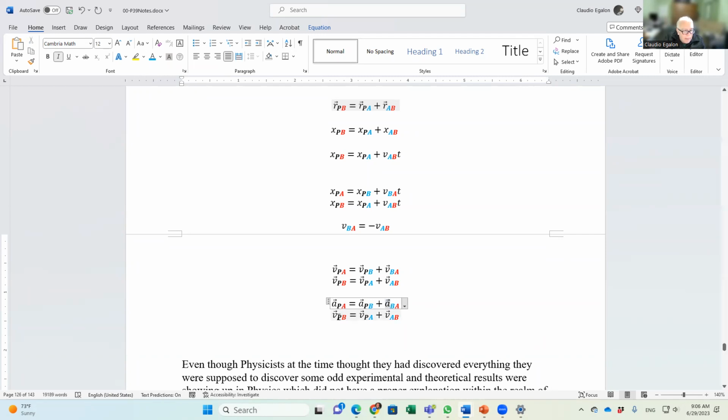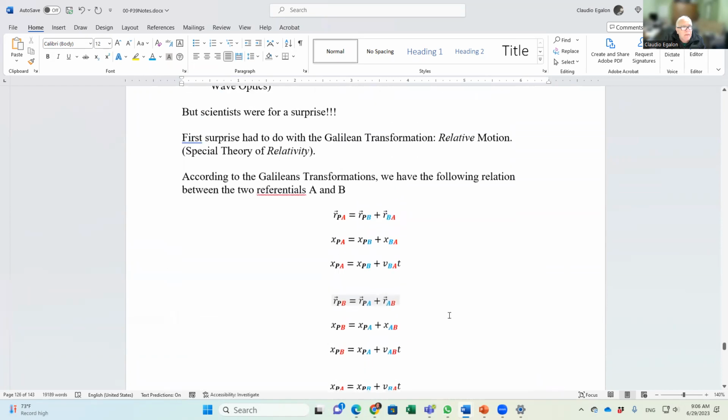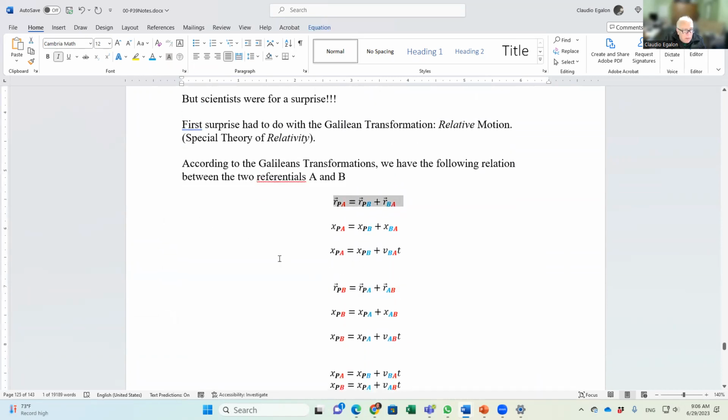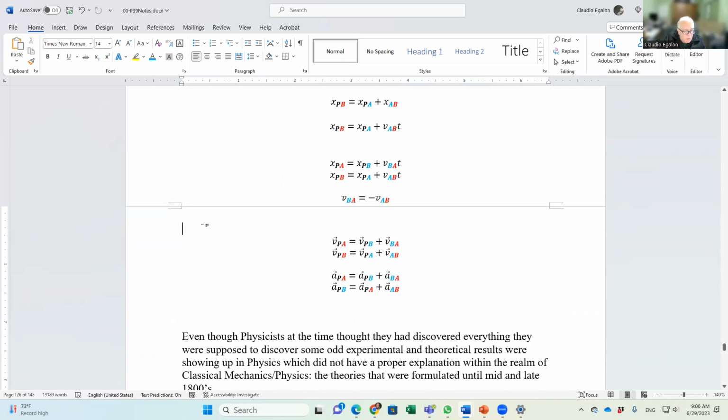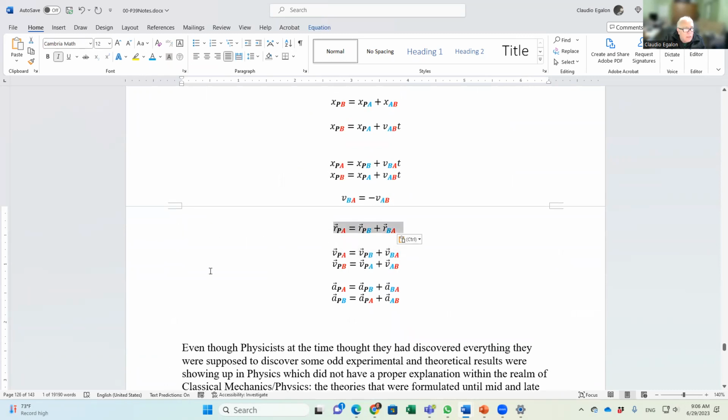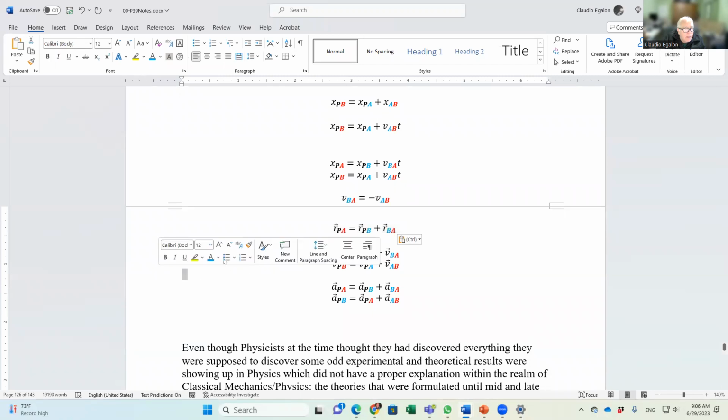I'm going to copy and paste it here, and then I have to put A here. Make sense? So most likely that's what you are mixing up with. I'm going to put all those sets of equations right in here.